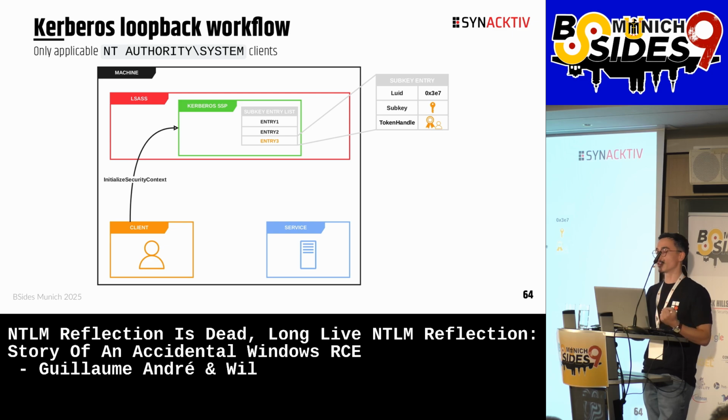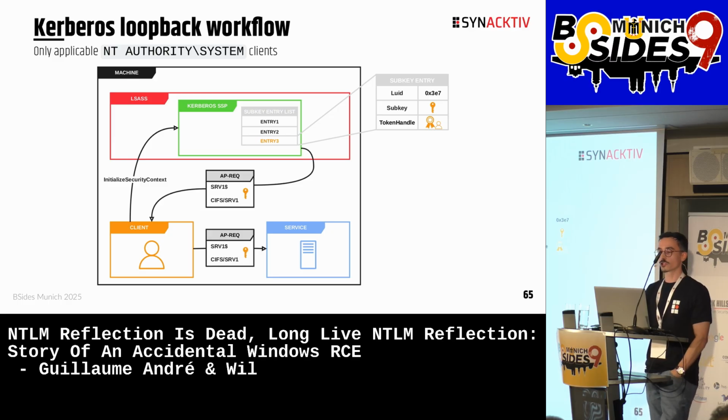It will generate a random subkey, and it will also store the token handle of the client. It will then include this entry into a subkey entry list, which is a global list that the Kerberos SSP maintains. It will forge an AP-REP, include the previously generated subkey inside, and send it to the client.